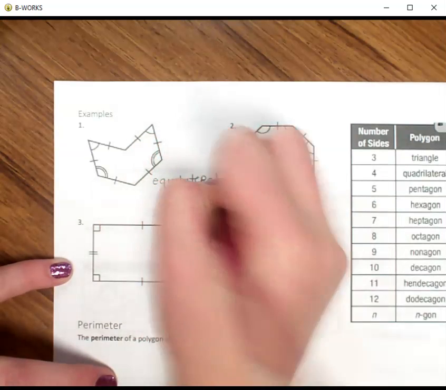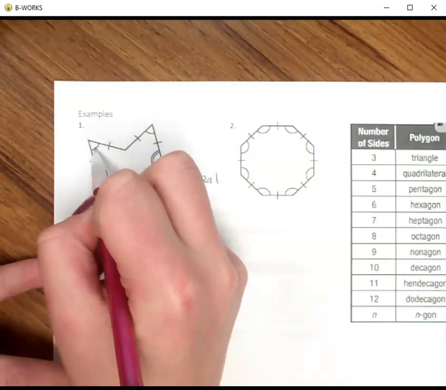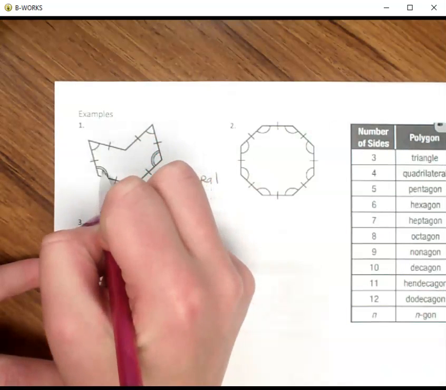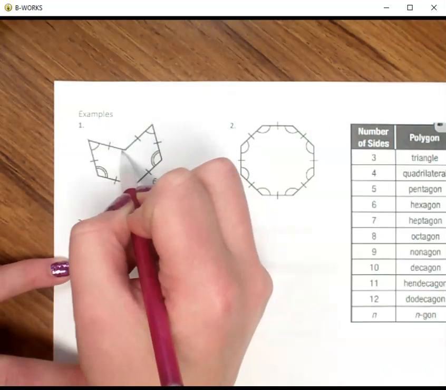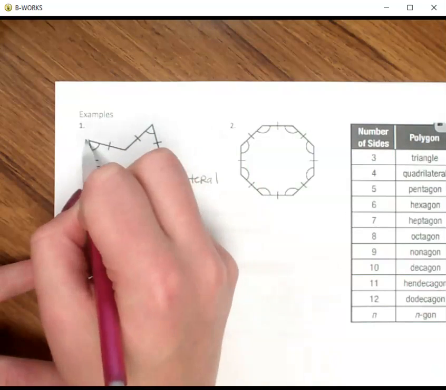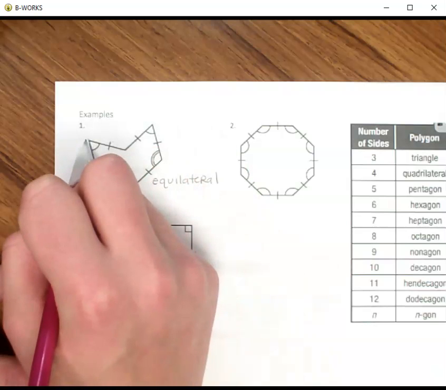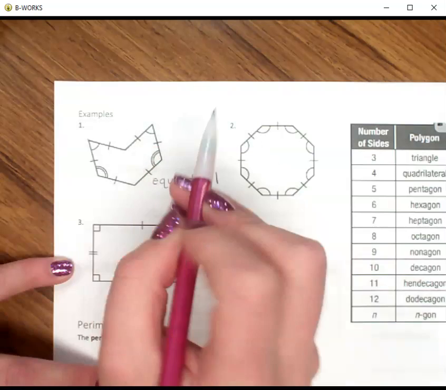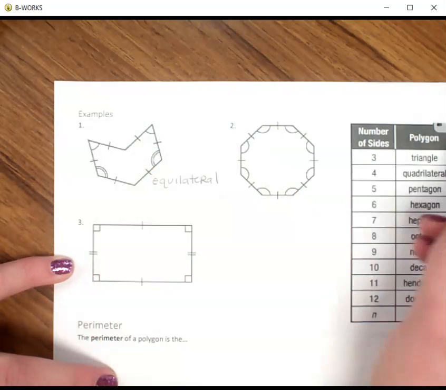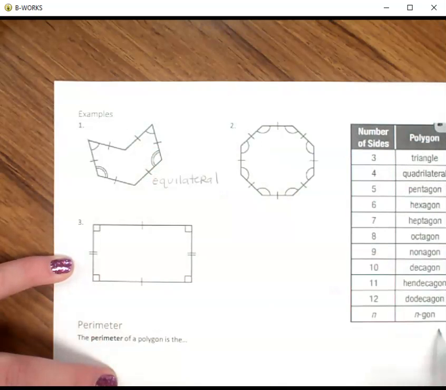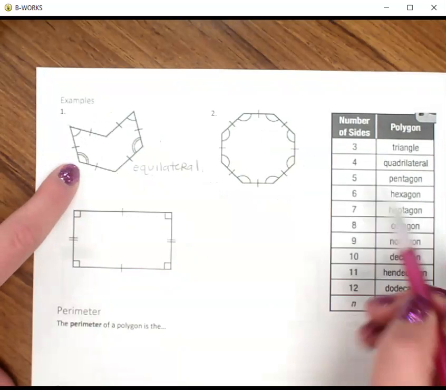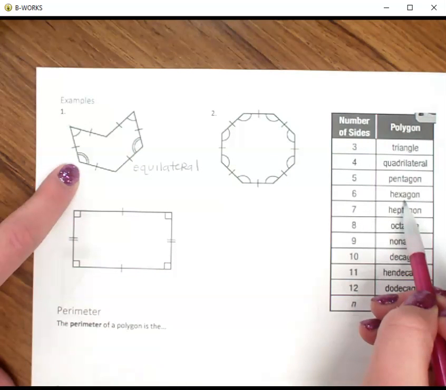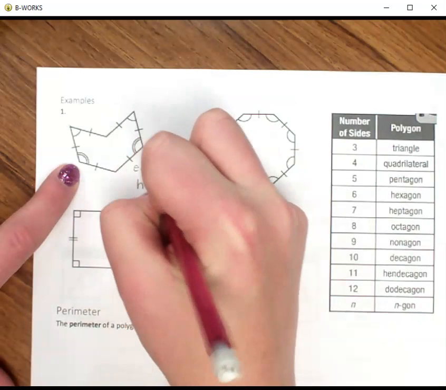A couple things: these angles are not congruent, and this is a concave polygon, so it cannot be equiangular or regular. But we can also classify them by the number of sides. I said that this had 6 sides. A 6-sided polygon is called a hexagon, so this is an equilateral hexagon.